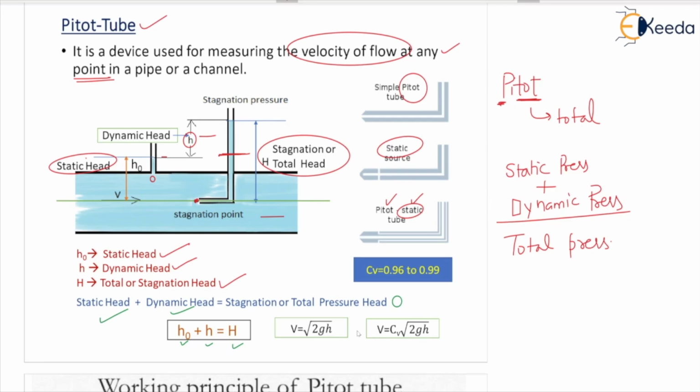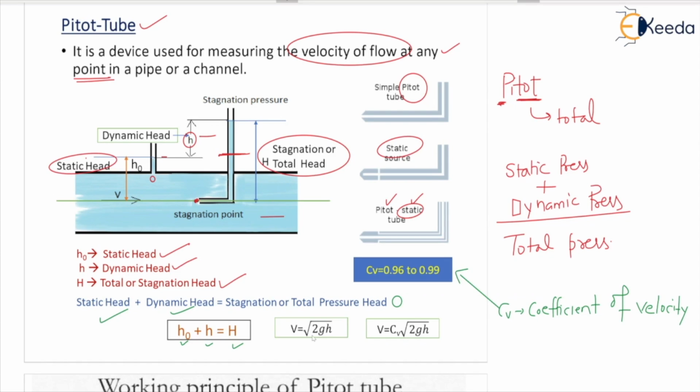So if you are talking about some losses, then V equal to Cv into root under 2gh. What is Cv? Cv is your coefficient of velocity, whose value is mentioned here, 0.96 to 0.99.